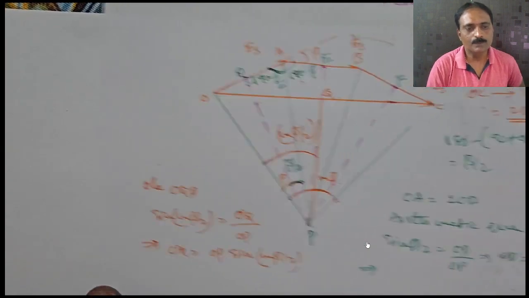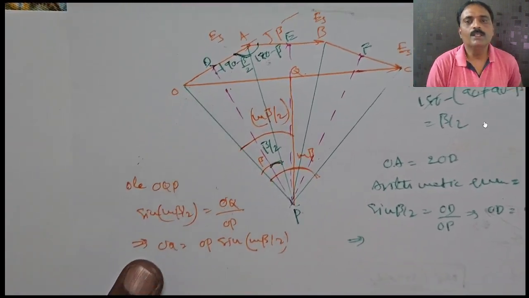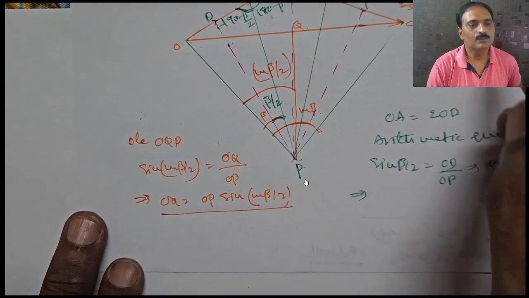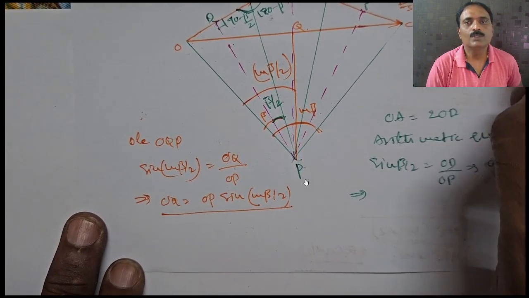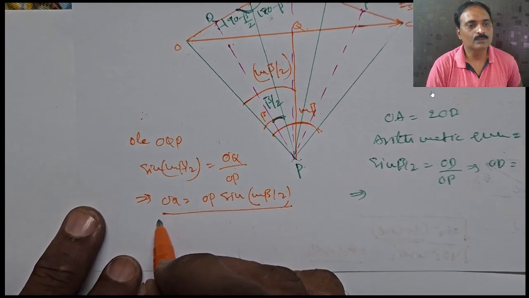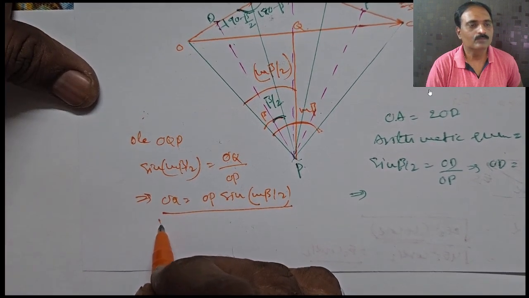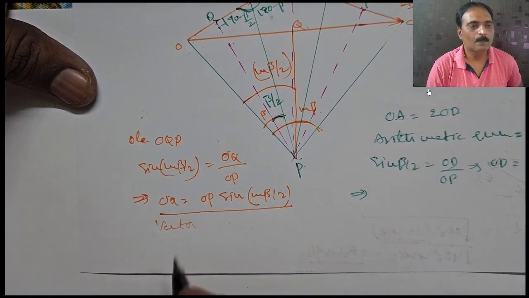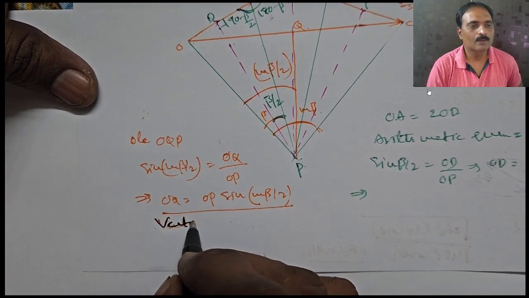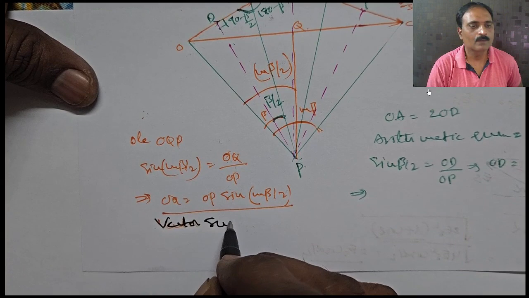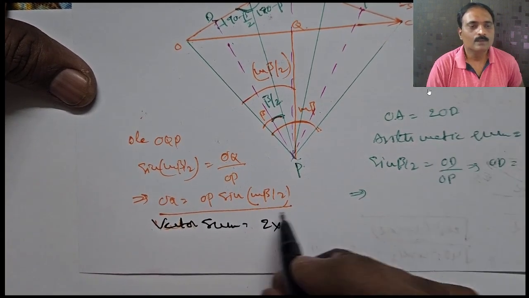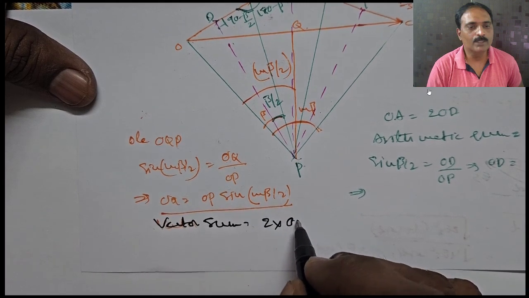And we know that here the vector sum is going to be equal to OC, which is equal to 2 into OQ. So the vector sum is equal to 2 into OQ, that is 2 OP sine m beta by 2.